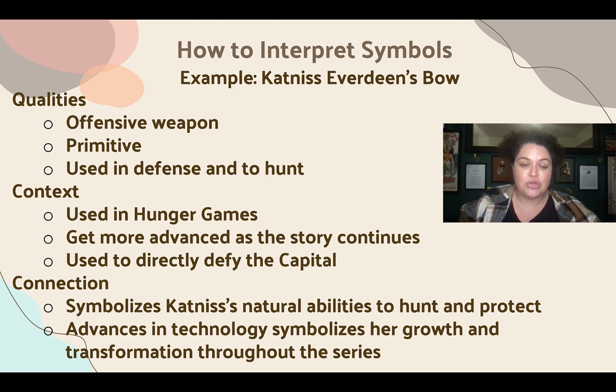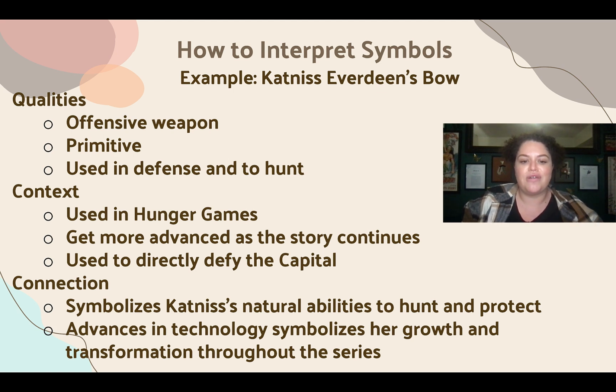Being used as a weapon, it's used to hunt, it's primitive. Katniss's natural abilities to hunt and protect. It also advances in technology. The advances in technology symbolize her growth and transformation throughout the series, right? We start with this very primitive bow and arrow, and as we continue throughout the story, it gets more advanced, it gets better and better, just like Katniss, right?